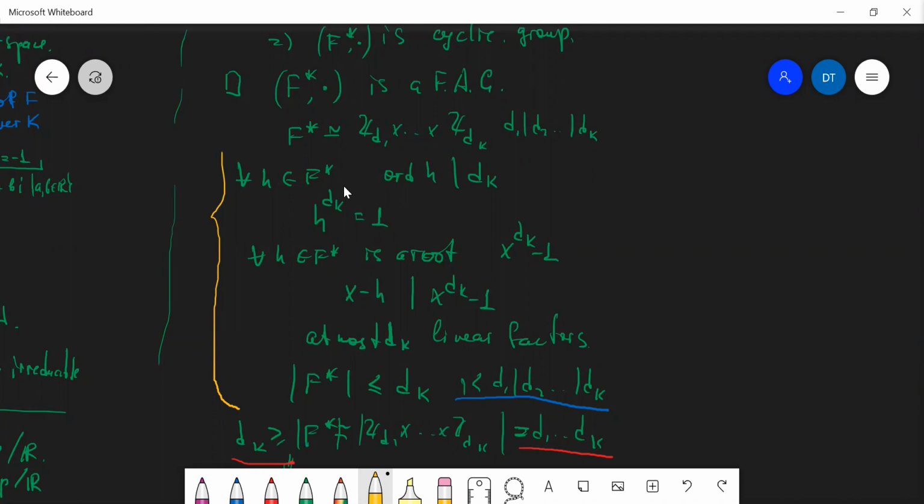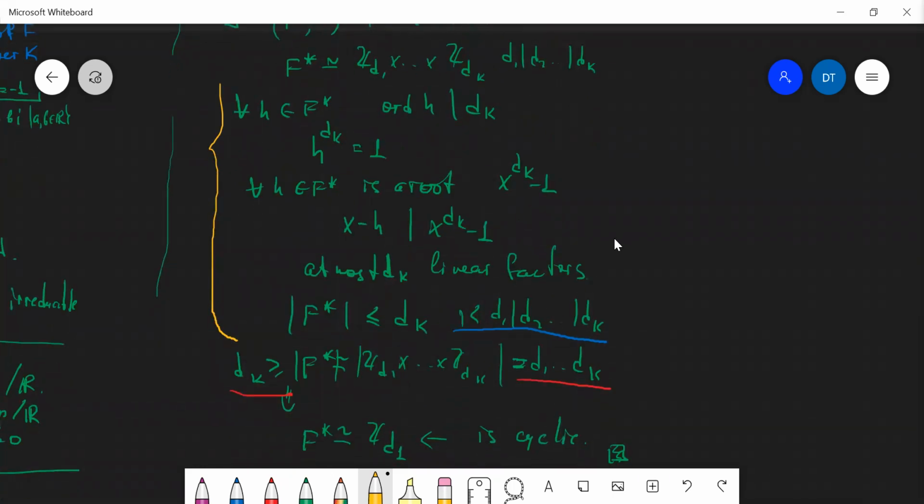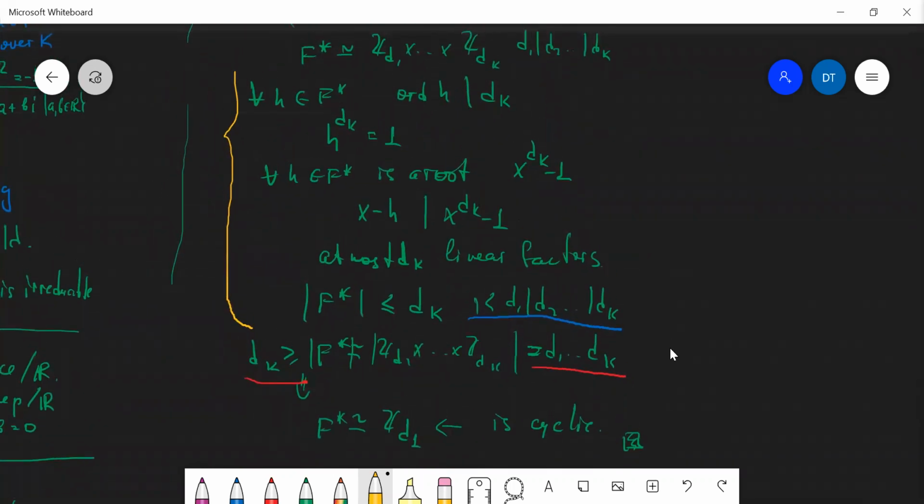And this means that h is a root, so each element of F* is a root of this polynomial. But each polynomial has at most its degree of roots. So since the degree of this polynomial is dk, you have at most dk roots. Okay. So this is the crucial part. So this is how you do this, because in a field you cannot have more than the degree of a polynomial amount of roots.